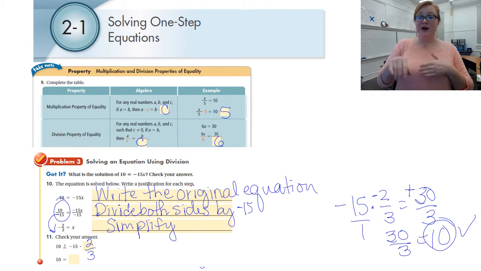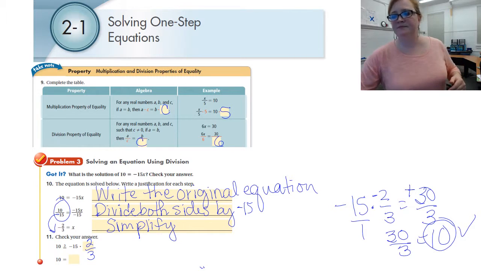The answer checks out. 10 is equal to 10.